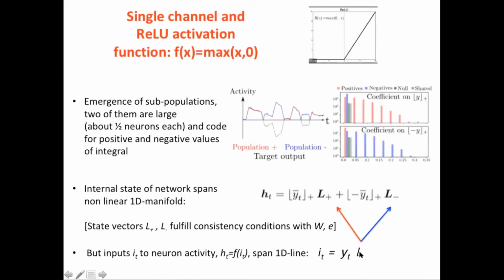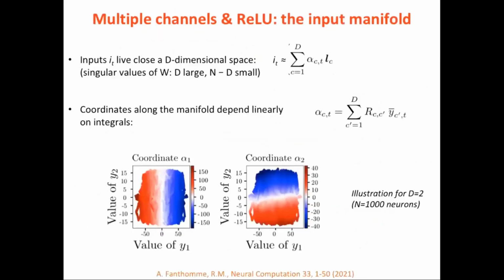Depending on the sign of L and the sign of the integral, the argument of the function will be positive or negative, and the corresponding neuron will take part in one of the two subpopulations. So we see that there is a one-dimensional current line which defines two subpopulations.